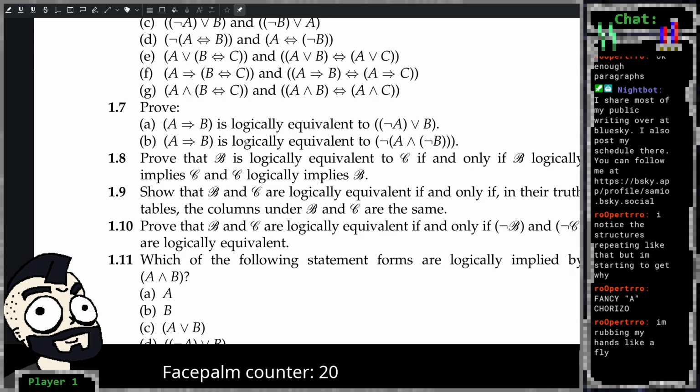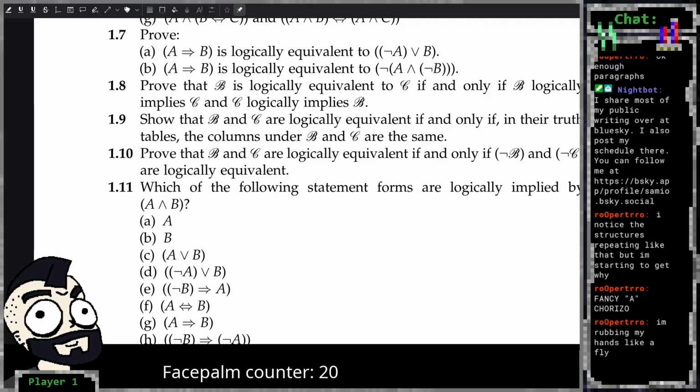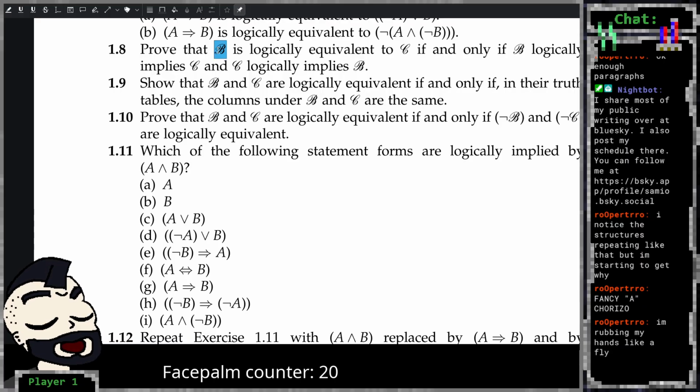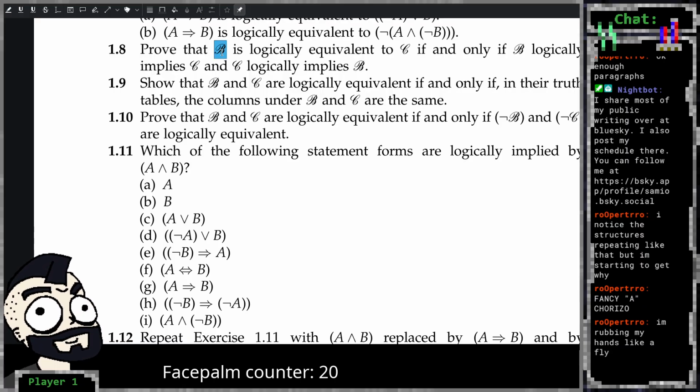And to make it even more so, prove that Gothic B is logically equivalent to Gothic C if and only if B logically implies C, Gothic C, and C logically implies B. Now, because this is not a formula of my language, Gothic B is not a defined element of our language.